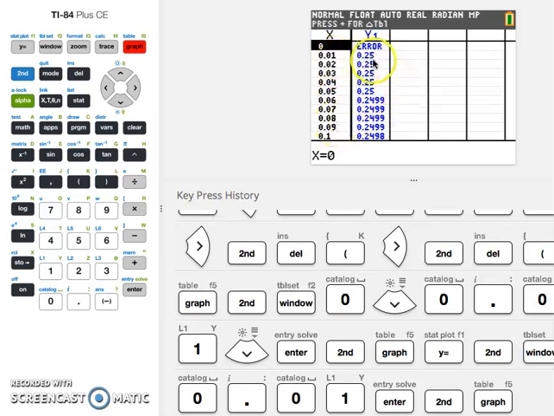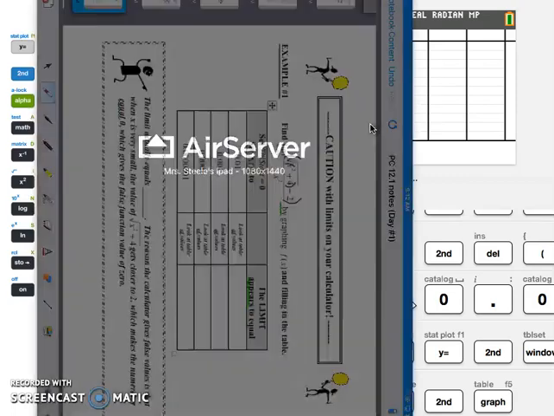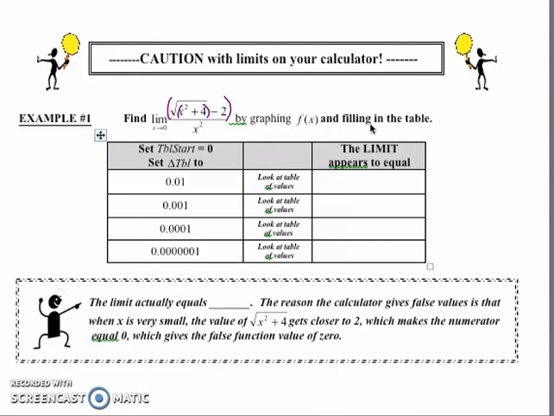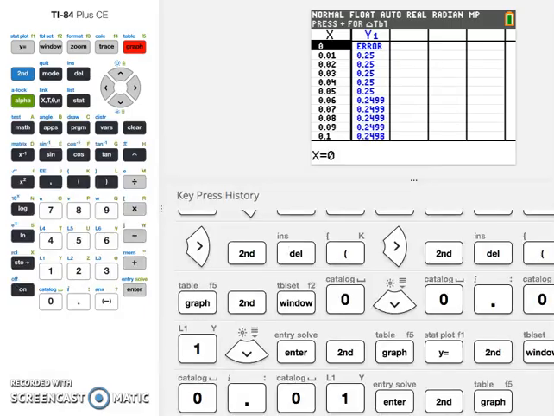And it looks here like the limit is 0.25. That's pretty clear. So the limit appears to equal 0.25.